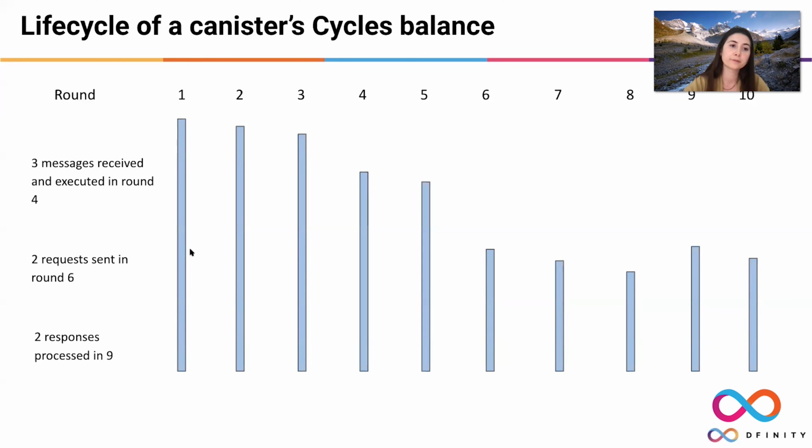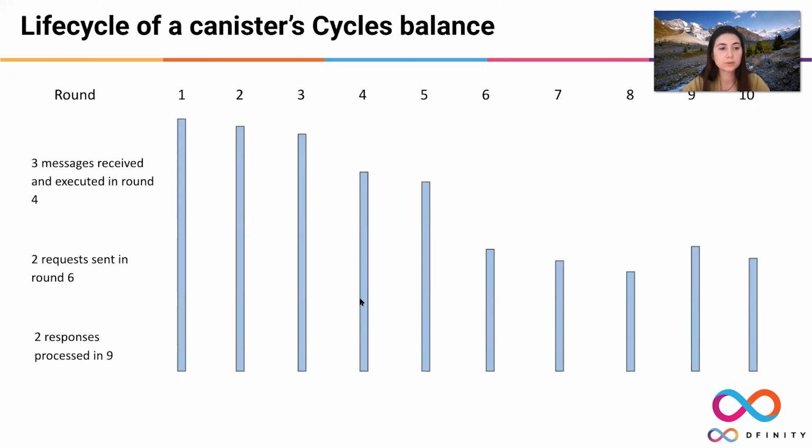From round 1 to round 3, nothing is executed, but there is still a small drop in the balance of the canister. The reason is that, as we have mentioned, a passive fee is applied the entire time, and the canister pays the fee for the resource allocations. So each round, the balance is slightly dropping.